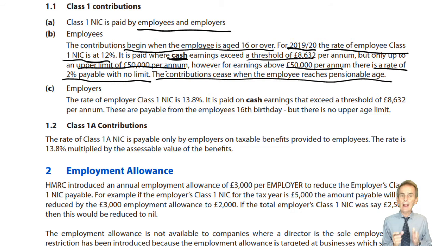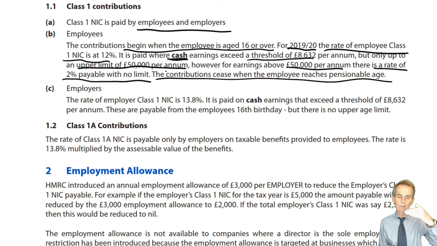So if you had employment income of exactly 50,000 minus the personal allowance of 12.5, you would have exactly taxable income of 37,500. You would be on the basic rate band limit.